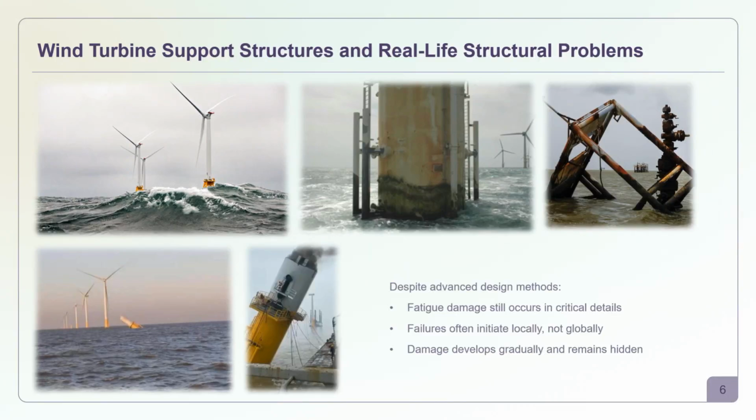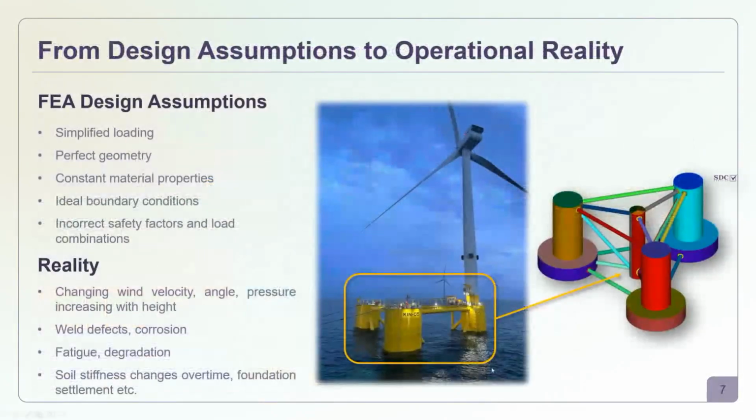So the next question becomes, what actually causes these hidden structural risks? But before we discuss the actual loading environment, it is important to understand one thing, that during design, we usually, or even always, simplify reality.